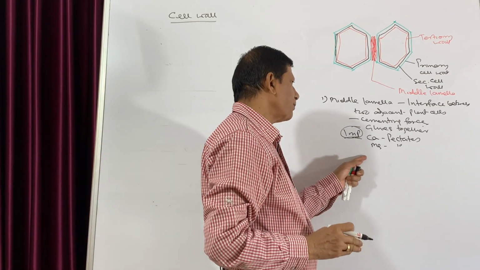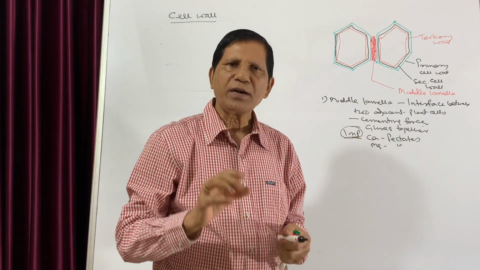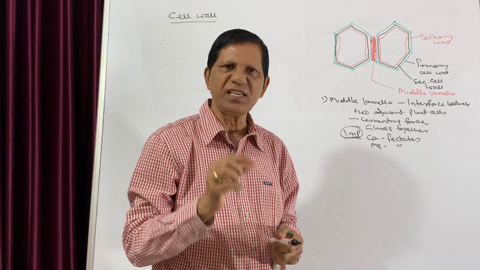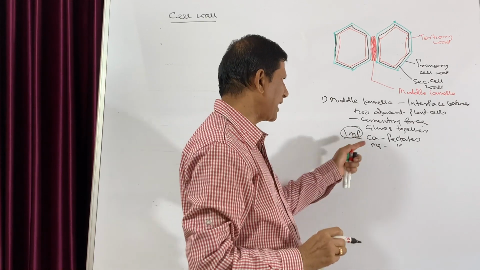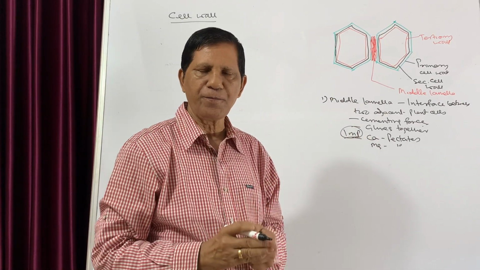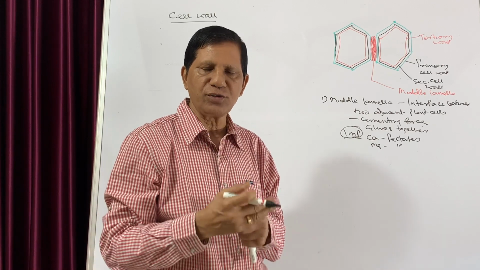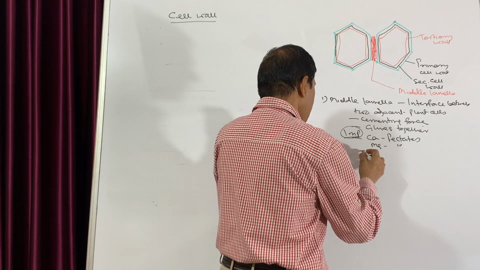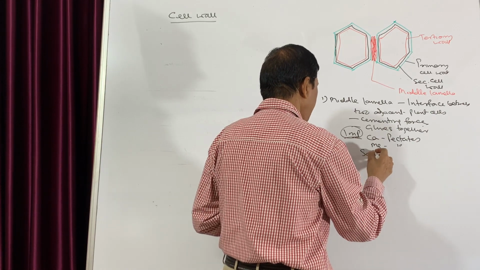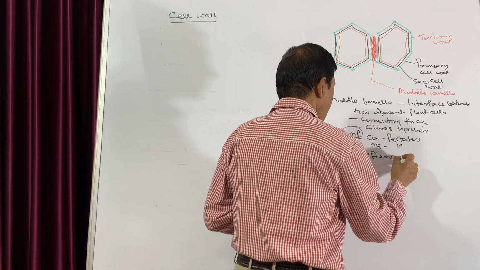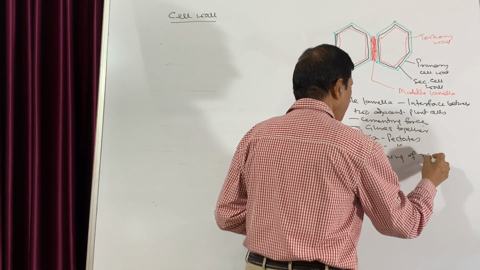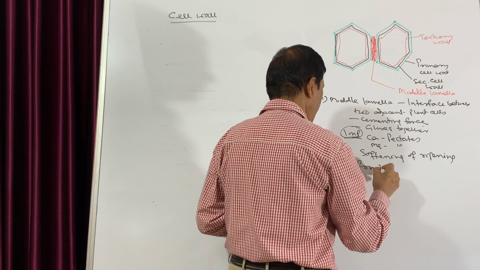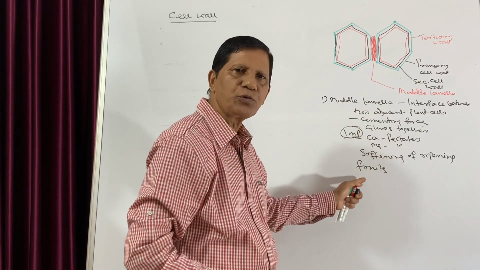Now usually you might have noticed that when the fruit is raw, not ripe, it is very hard, because these calcium pectates are very hard. But when the fruit ripens, gradually it softens. That is the softening of ripening fruits. So when there is softening of ripening fruits, what happens?